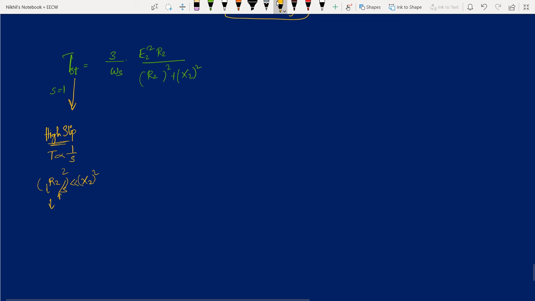That means I can neglect R2 by S, isn't it? So only the term present will be X2, and I will neglect the other. So the approximated T start formula will be equal to 3 by omega S into E2 square into R2 by S, by only X2 square, isn't it?